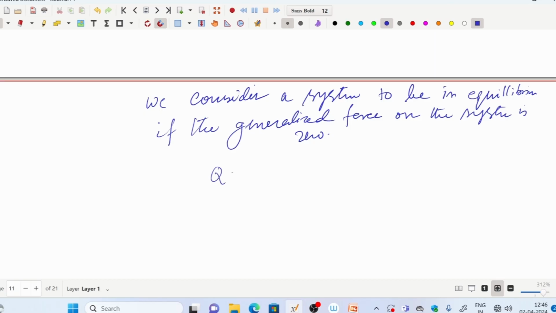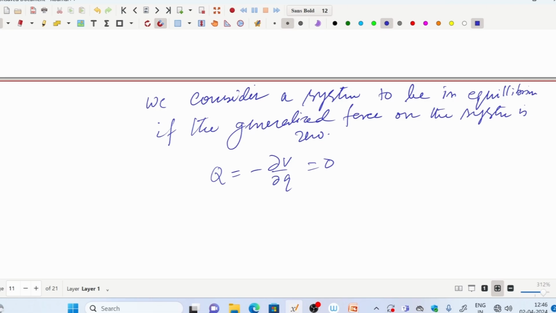Equilibrium means no force. If there is a force, there will be a disturbance and it cannot be in equilibrium. If you have a conservative system, then the force is minus del V by del Q equal to 0, and that will be the equilibrium.